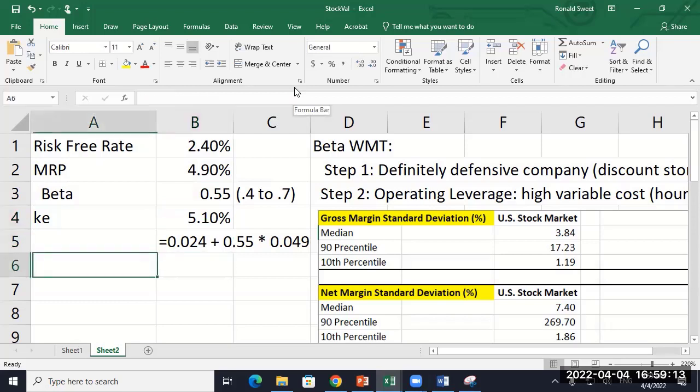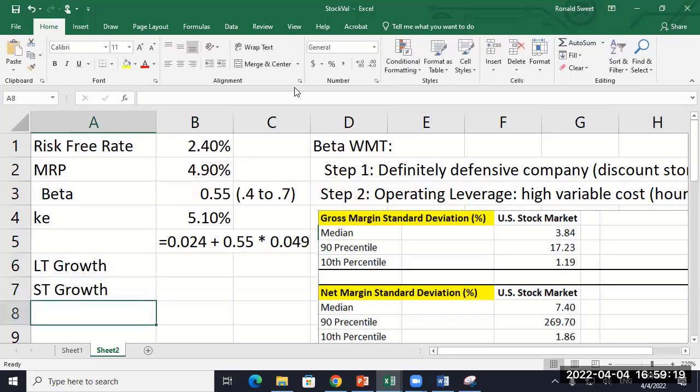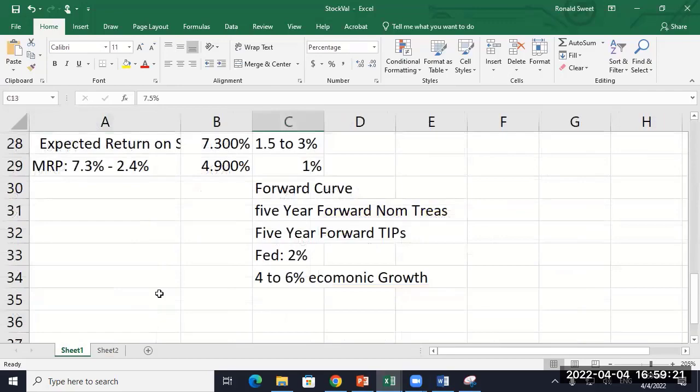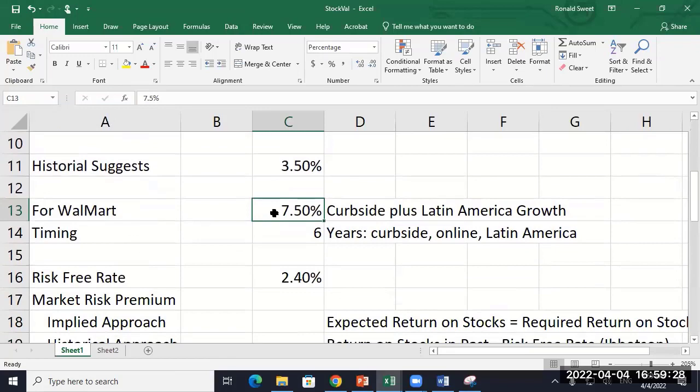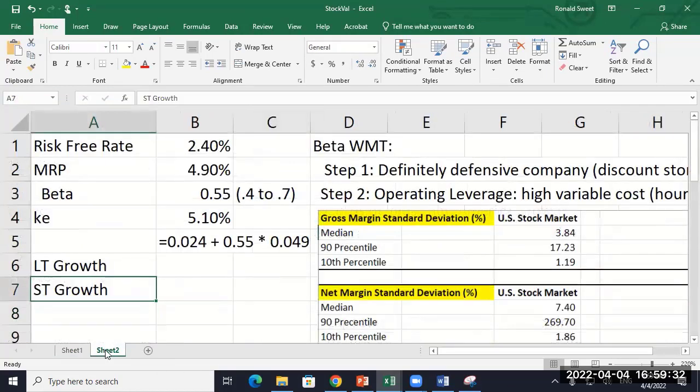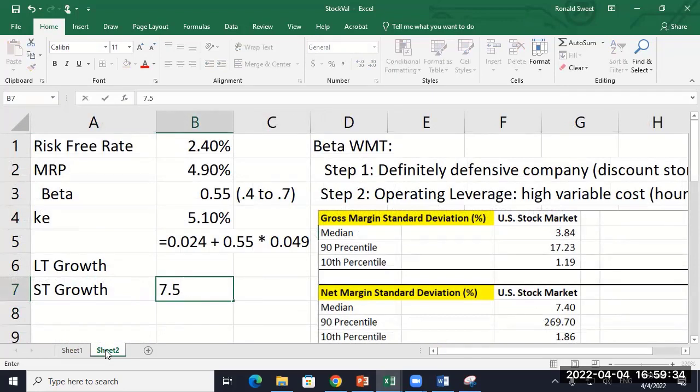Well, long-term growth, short-term growth, what did I say for short-term growth? I can't remember. Yeah, I was going to use 7.5%, right? That's what I decided. And I use 6% for long-term growth.